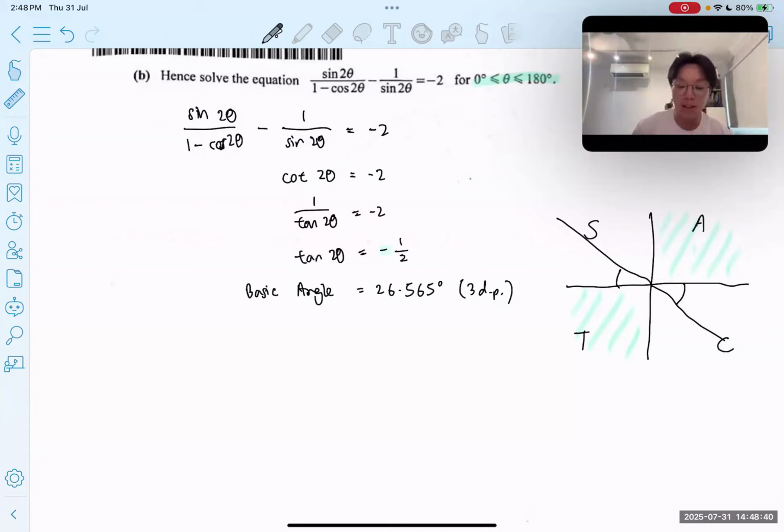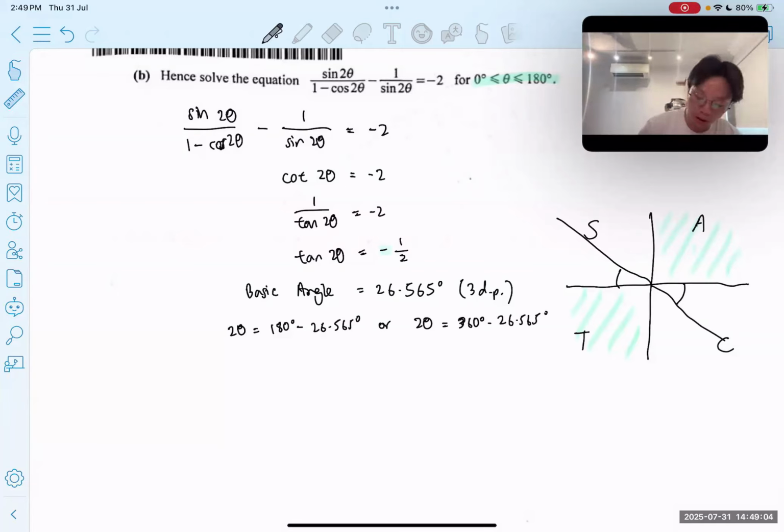So we can get that 2 theta equals 180 degrees minus 26.565 degrees, or 2 theta equals 360 degrees minus 26.565 degrees. If we solve for theta, in the first scenario theta is equal to 76.7 degrees, which is in our domain.